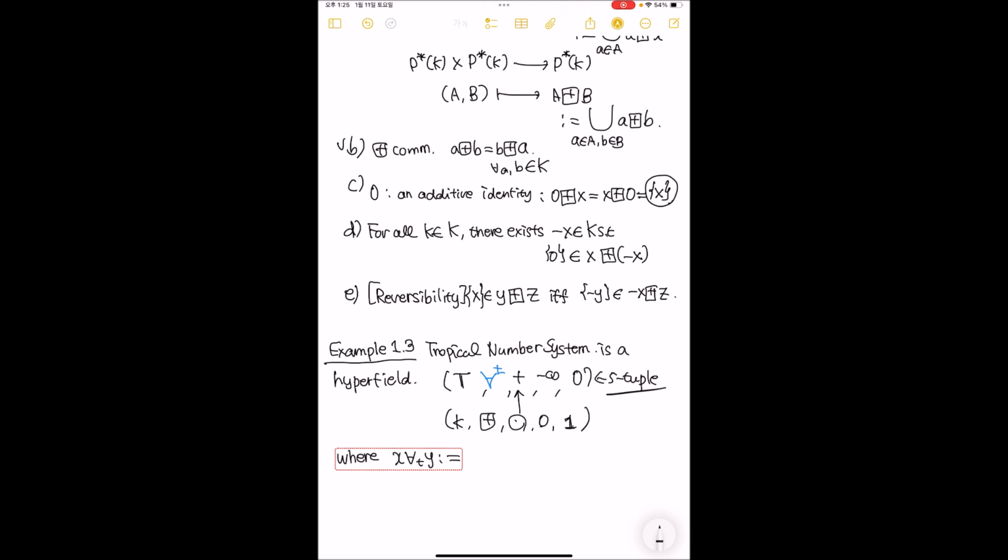We can take two x, y in T, and the result is a power subset of T. So the result comes as a set. The set consists of a closed interval.